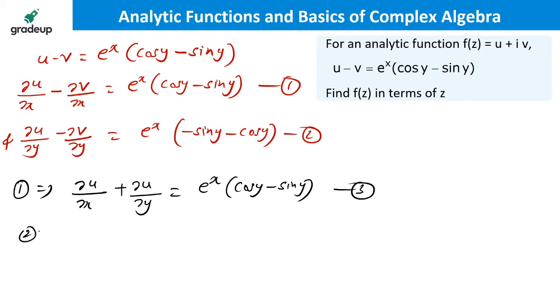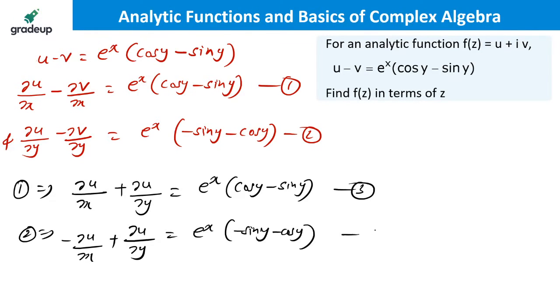Now equation 2 will become del u by del y as our second term, and this del v by del y is del u by del x. So minus as it is del u by del x. Equation 4.